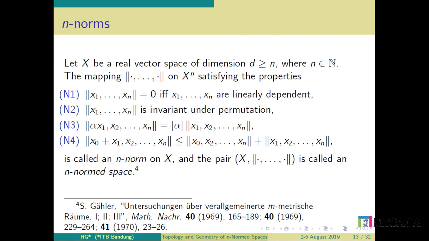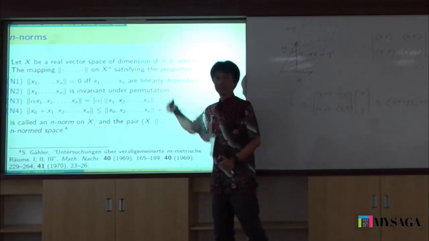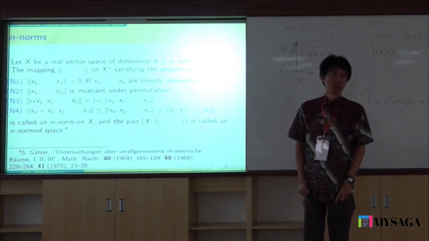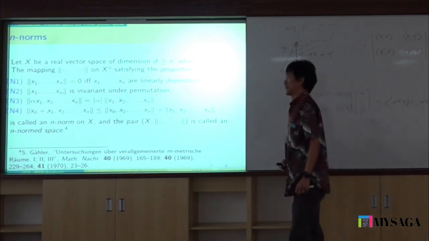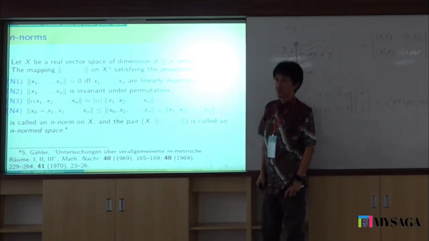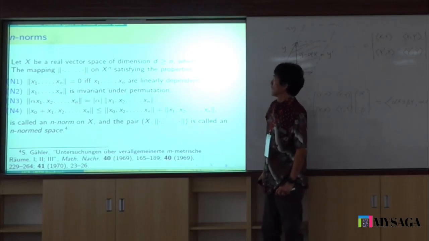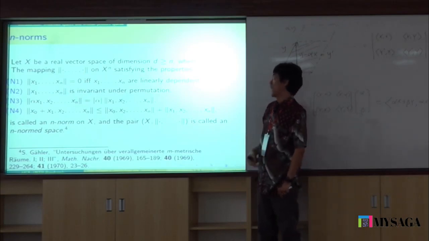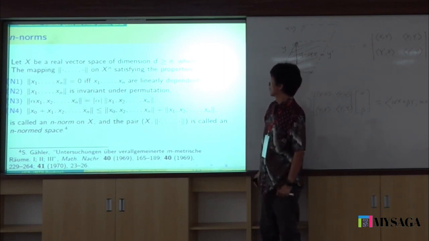If it is less than n, then the first property says the value is always 0, so there is nothing to discuss. So at least the dimension should be n, meaning we can talk about n-dimensional things at least.